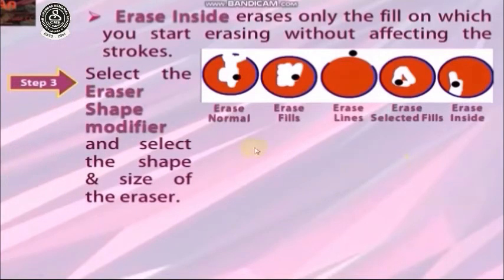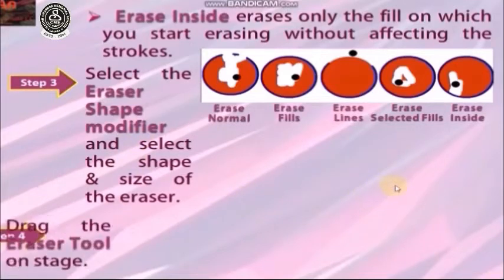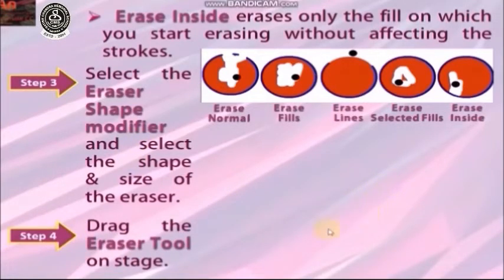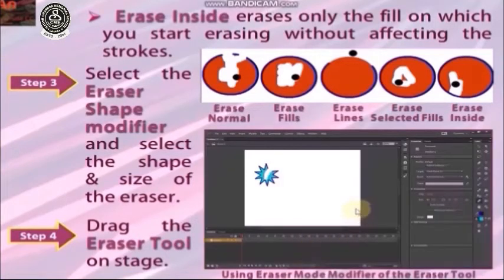Step number 3, select the eraser shape modifier and select the shape and size of the eraser. Step number 4, drag the eraser tool on the stage. So here is a screenshot. Step number 1, here is the eraser tool using the eraser mode modifier.